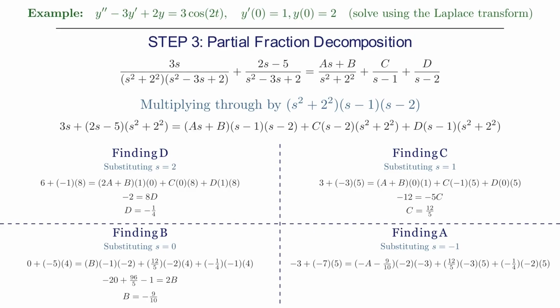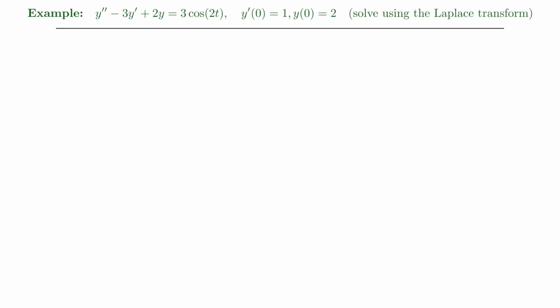And this all simplifies down to a is equal to minus 3 over 20. So we've found the values for a, b, c and d. We can now substitute these back in to get our partial fraction decomposition.